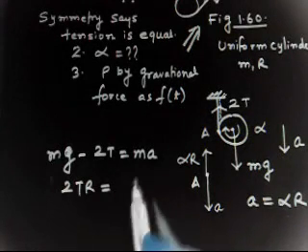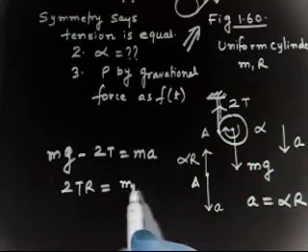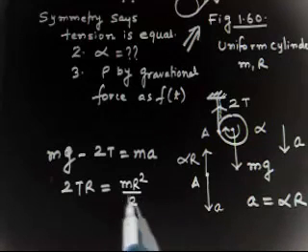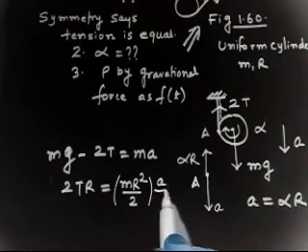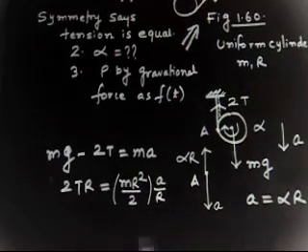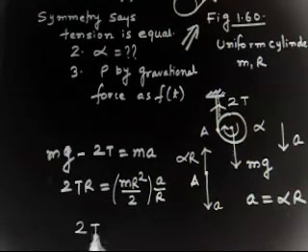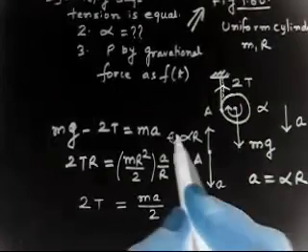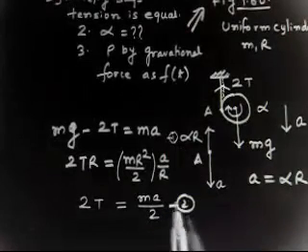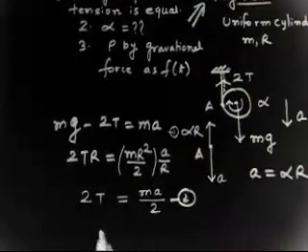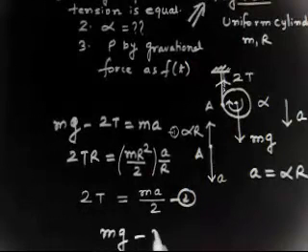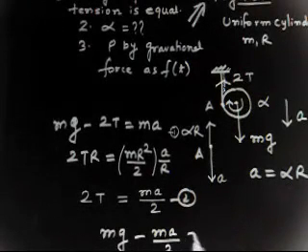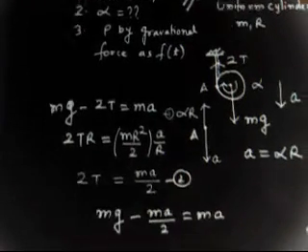Now let us assume this is a solid cylinder, so I will be mr square by 2. And alpha is nothing but A by r. So if you solve, you will have 2T equals ma by 2. This is equation number 2. So if you plug the value of 2T into equation number 1, you will have mg minus ma by 2 equals ma.